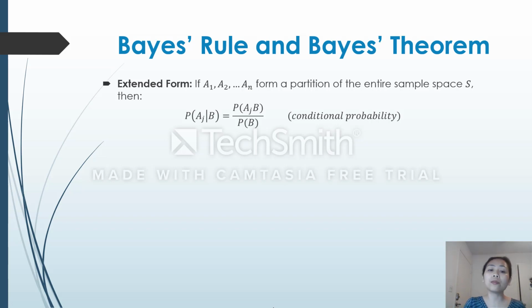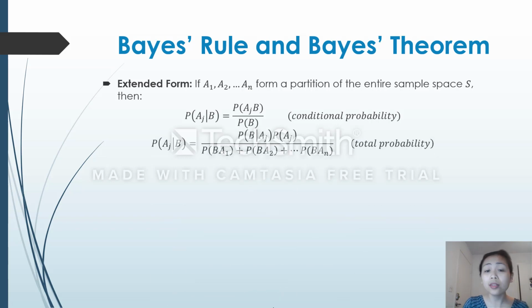Now we are going to apply the multiplication rule to the numerator, and the law of total probability into the denominator. So at the numerator, probability of Ai and B is probability of B given Ai times probability of Ai. And at the denominator, we apply the law of total probability.